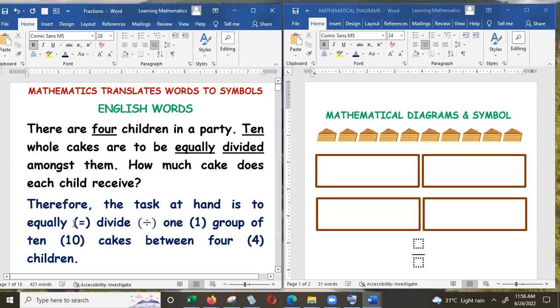And as you can see, the symbol translation for equal, here it is. The symbolic translation for divide, here it is. For 1, here it is. There's a symbol for it. For 10, here it is. And for 4, here it is.